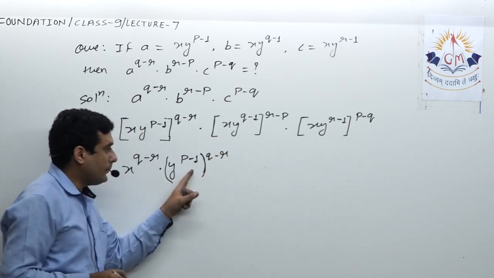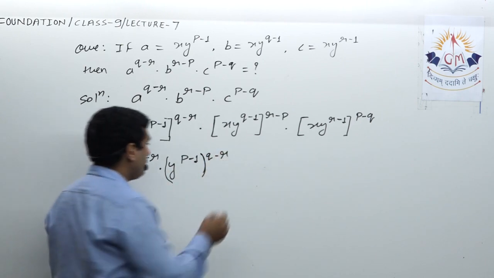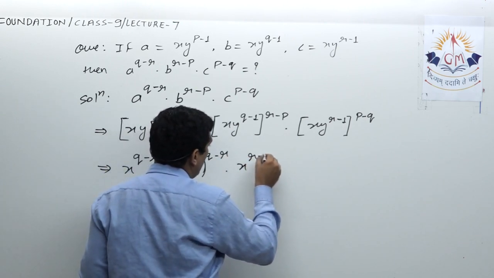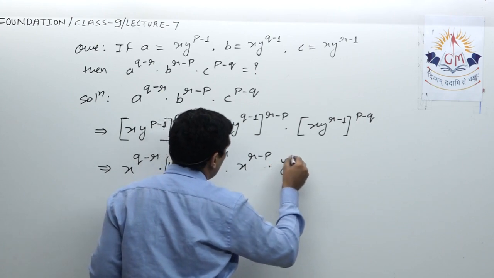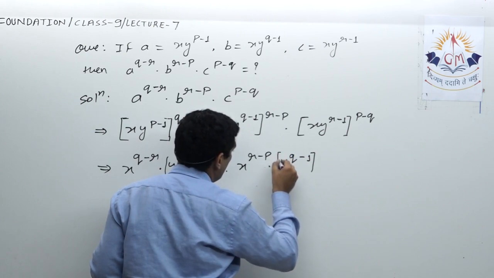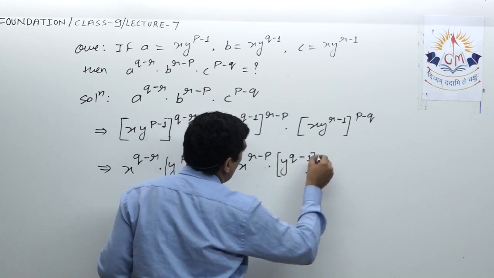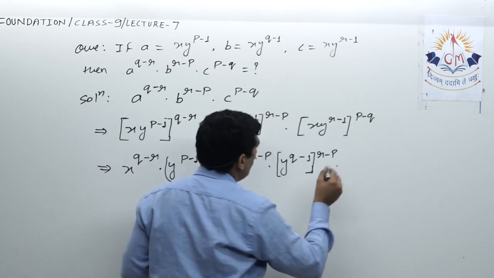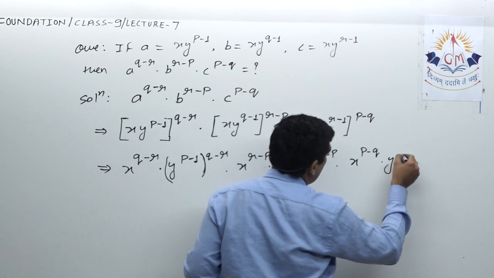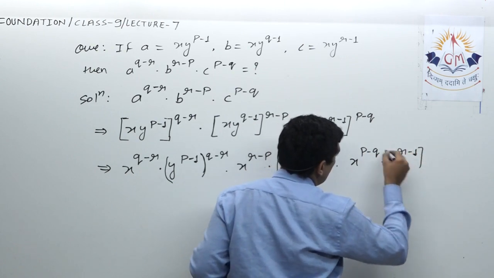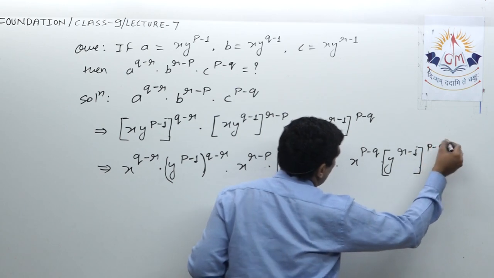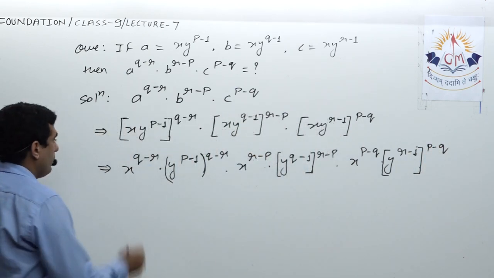Next step I will apply the power law. Next is x raised to r minus p into y raised to q minus 1 raised to r minus p into x raised to p minus q into y raised to r minus 1 raised to p minus q. Simply I applied the laws of exponent.